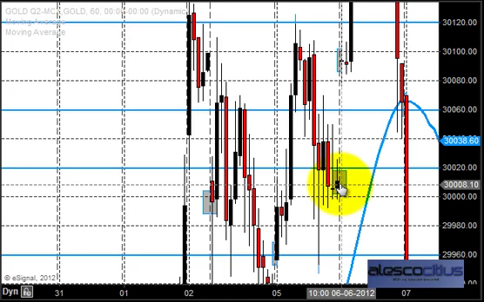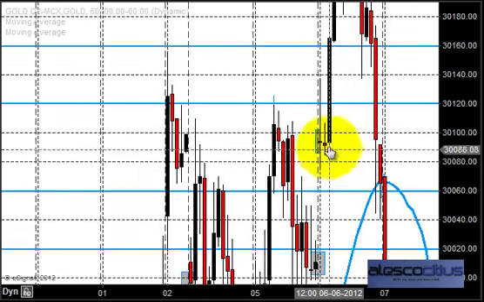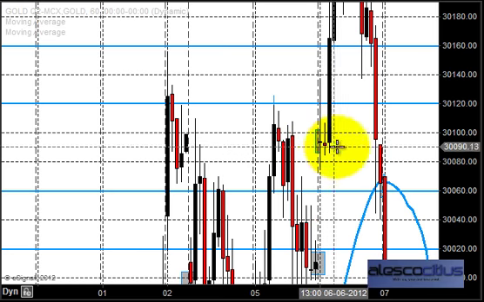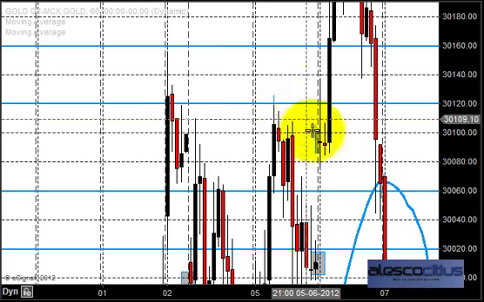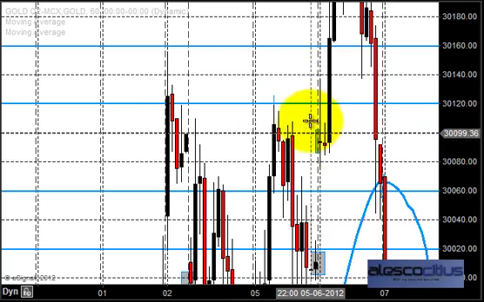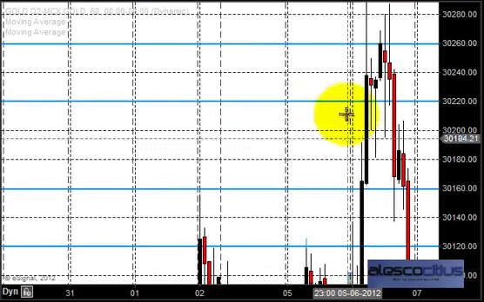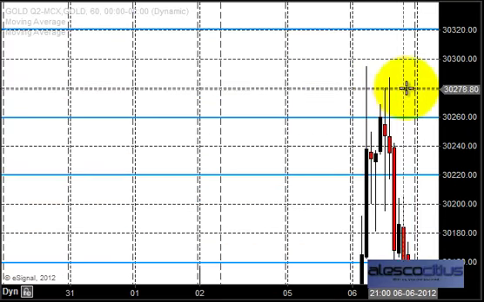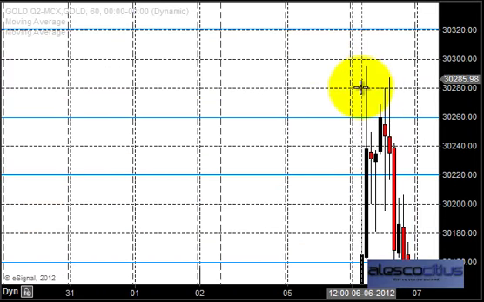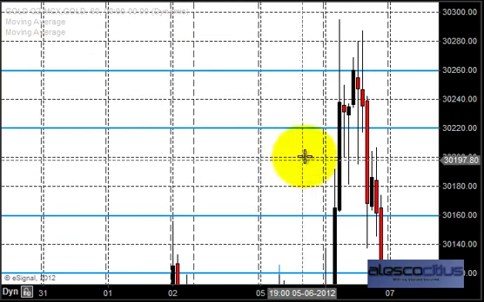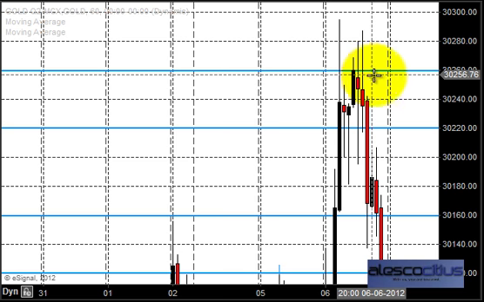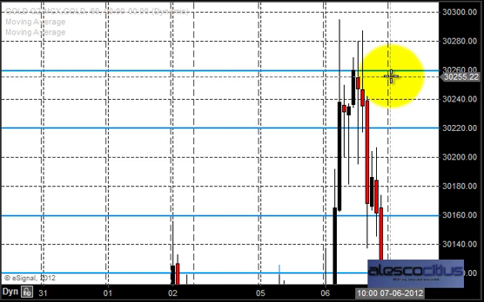On Wednesday also, you can see that the price opened just above 30,000, more or less near the high which was created. That created a clear buying momentum that pushed the market to near 30,300. It was a very good gain initially, but the market failed to sustain above 30,260.